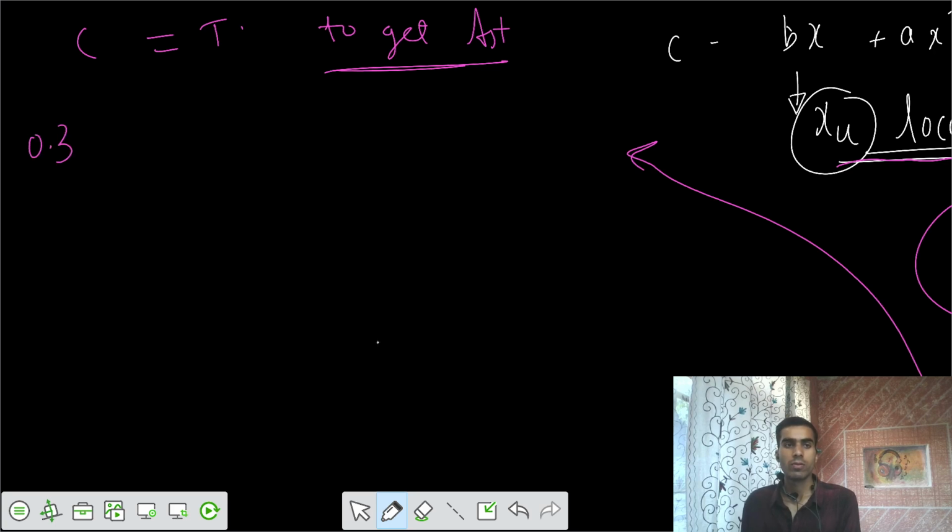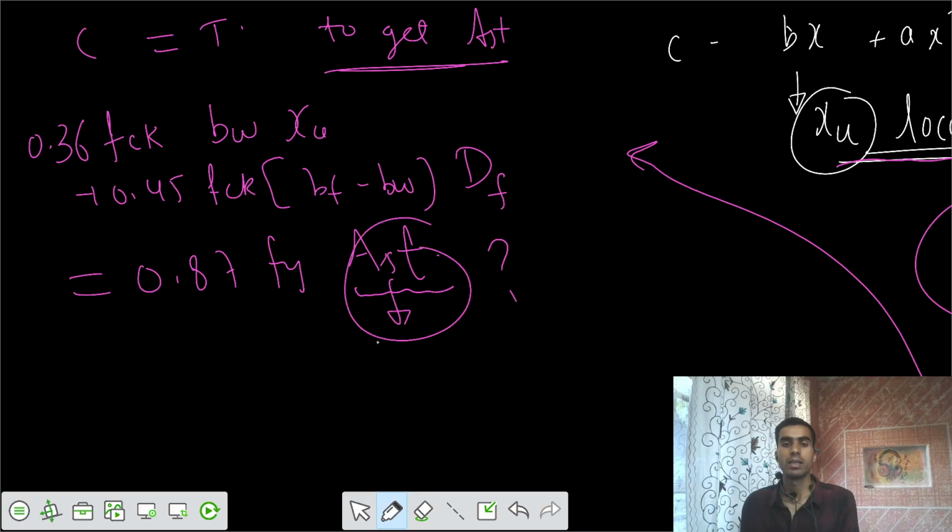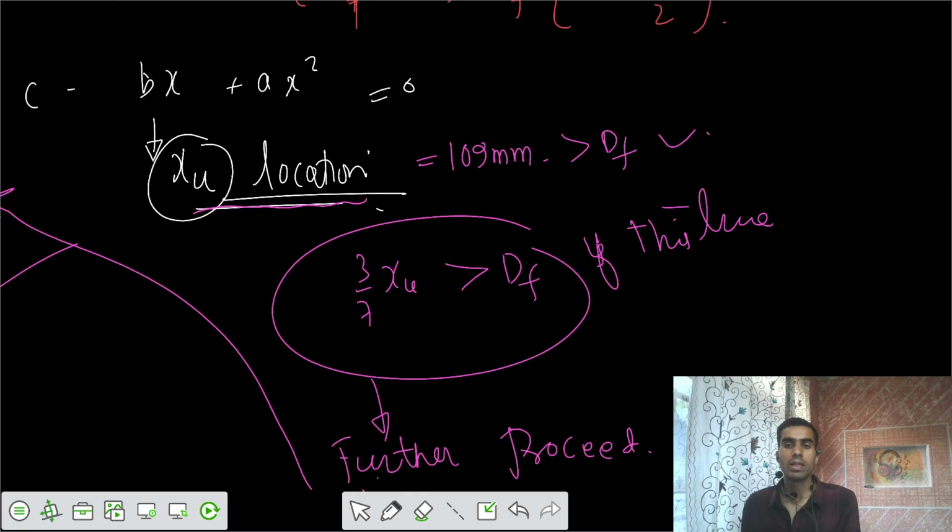So I would say the total force of C, that was C1 plus C2: 0.36 FCK BW XU actual plus 0.45 FCK, BF minus BW, and we have one more part, that depth of DF, should be equated to 0.87 Fy total steel AST, T1 plus T2, that is AST1 plus AST2, finally AST. So we get the AST, then after that get the number of bars accordingly. So this was the case when the assumption was true.